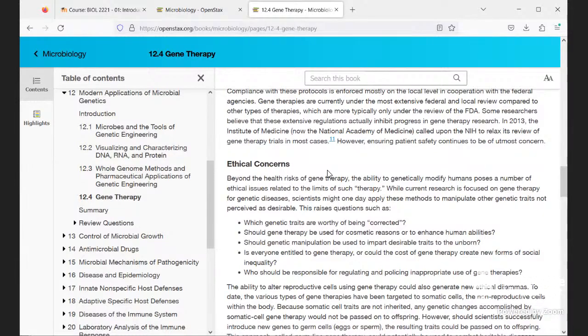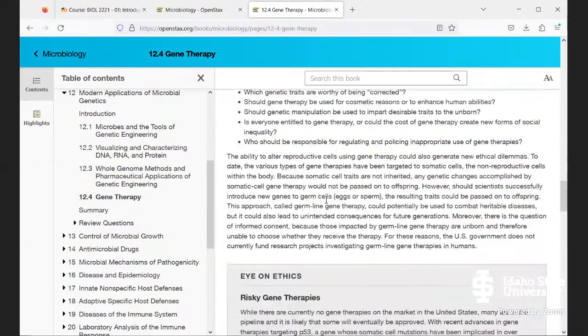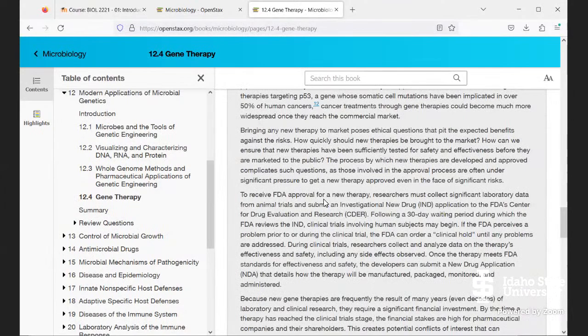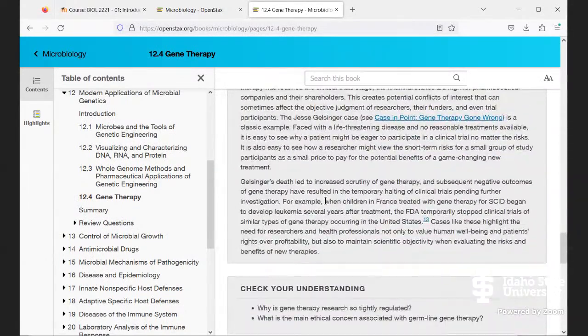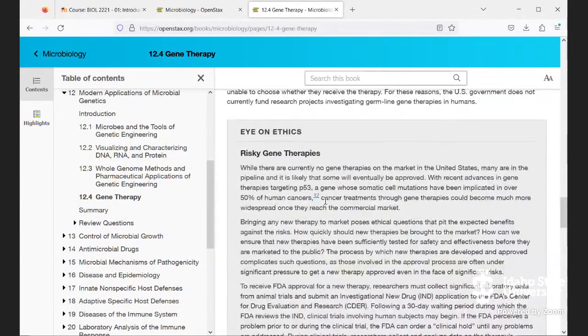And in some of the circumstances, I think, with the SCID, where the other cells ended up being targeted, it resulted in different types of cancers that were generated in these individuals because of the therapy, right? So numerous things that are potential problems with that. That's the end of that.